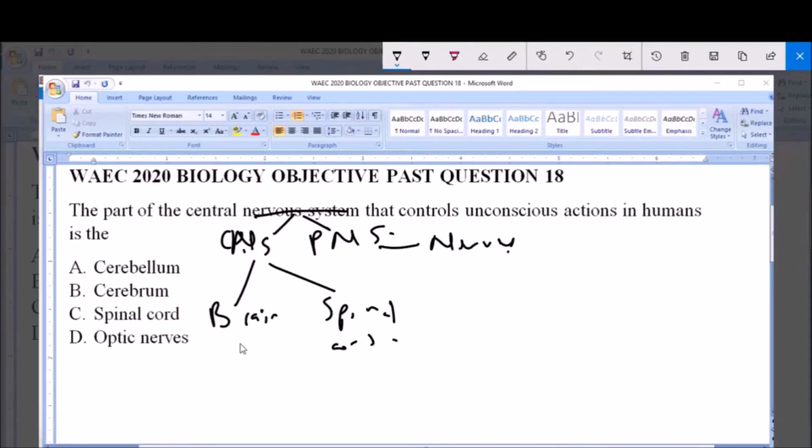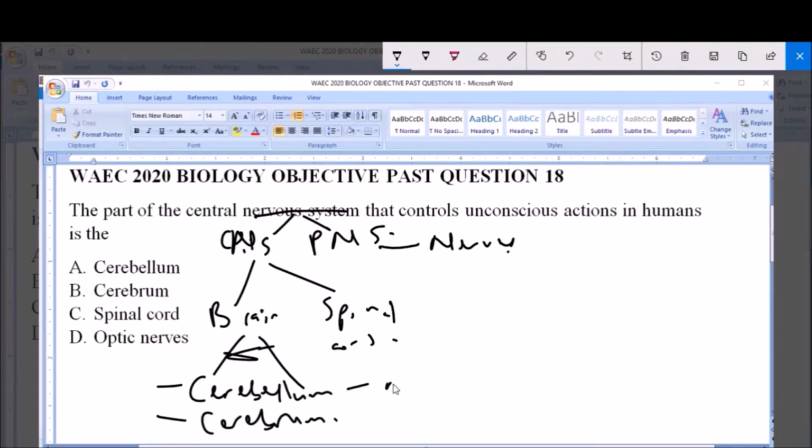Now, the brain is divided into the forebrain, the midbrain, and the hindbrain. But for the sake of this question, from the options we have two major parts of the brain: the cerebellum, which is option A, and the cerebrum. The cerebellum is responsible for coordinating muscle movements, and the cerebrum receives sensory information, processes it, and sends out necessary instructions.